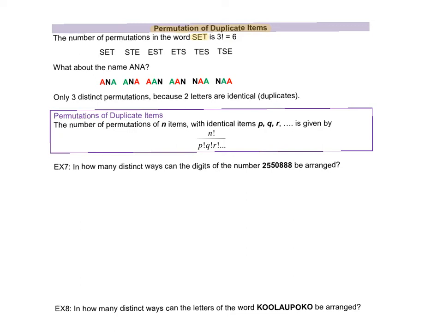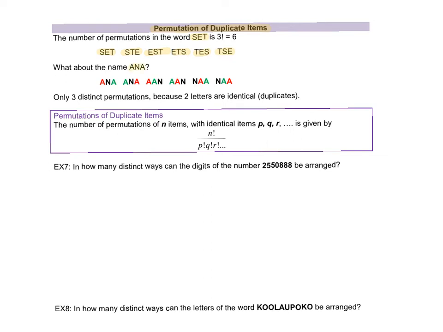All these letters are different, none of them are duplicates. So the number of permutations, all the different arrangements, turns out to be 3 factorial, or 6. So I have SET, STE, EST, ETS, TES, and TSE. Those are all the different ways I can rearrange those 3 different letters.